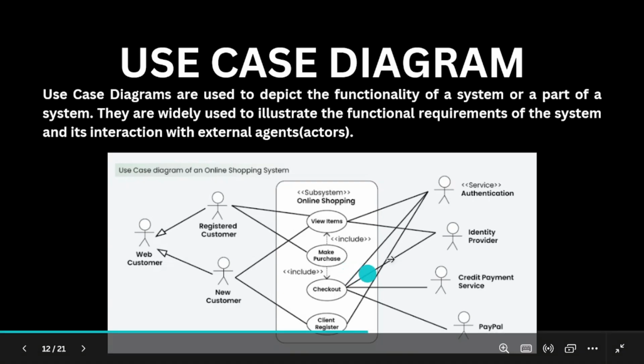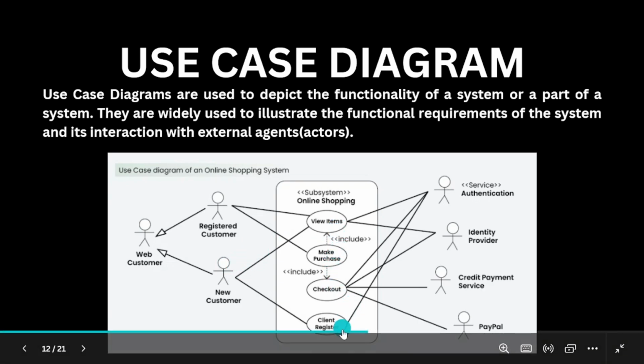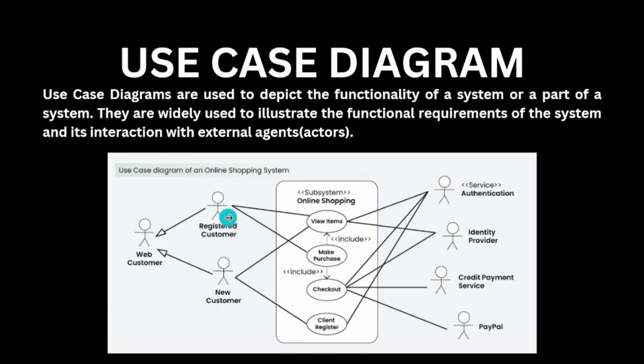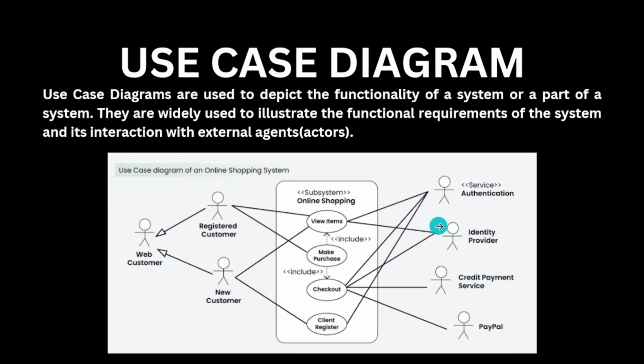Then the relation. Ang web customer ay may access sa view items, make purchase, and client register. Then registered customer, may kakayahang direct checkout. Then the authentication and identity provider, ito yung ginagamit pang kumpirmahin ang mga details ng customer.